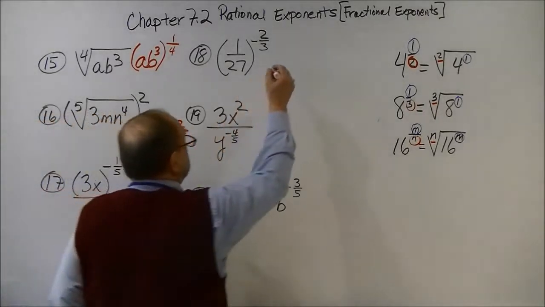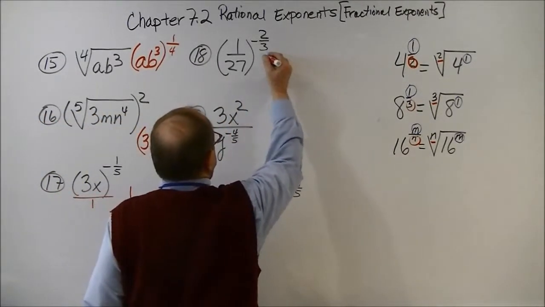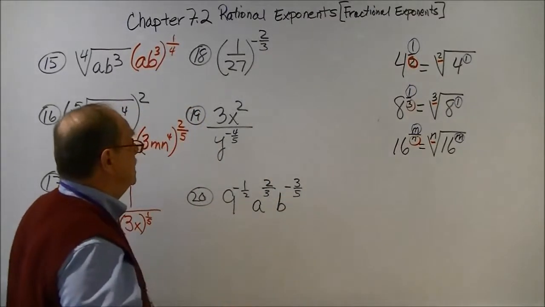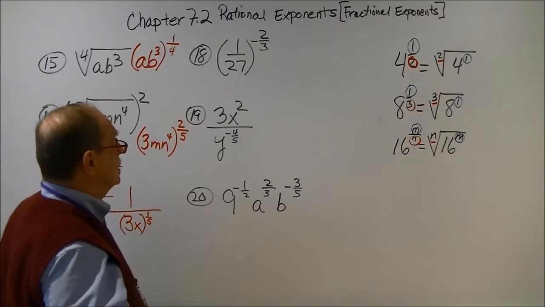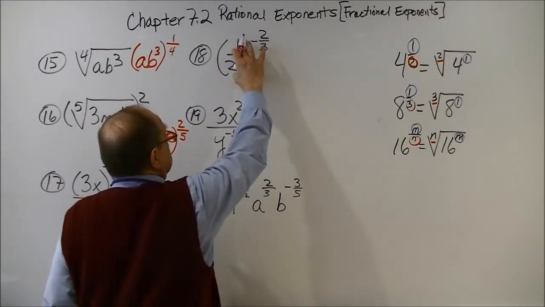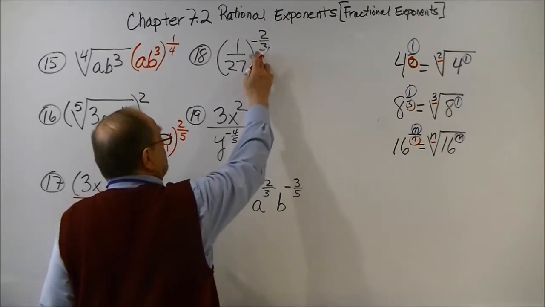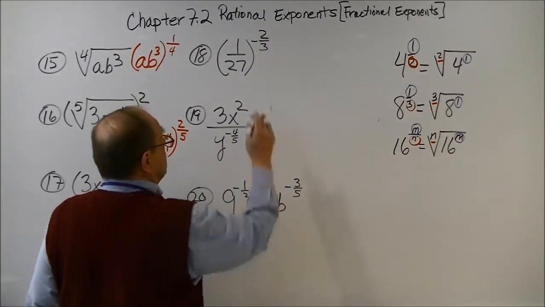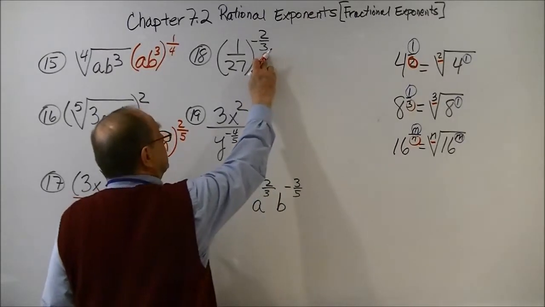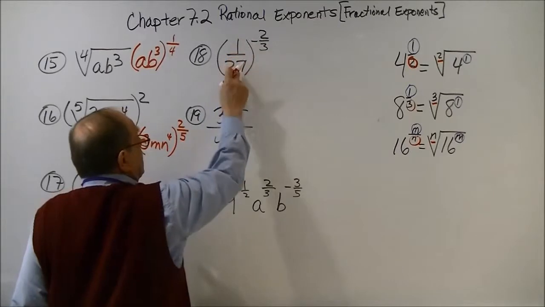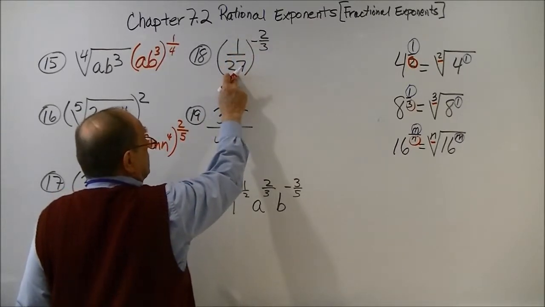Okay, up here, an interesting thing happens, by the way, and I'll show you that. I don't know if they're going to include it in your class, but whenever you have a fraction that is raised to a negative exponent, you can make this a positive exponent by taking the reciprocal of your fraction.